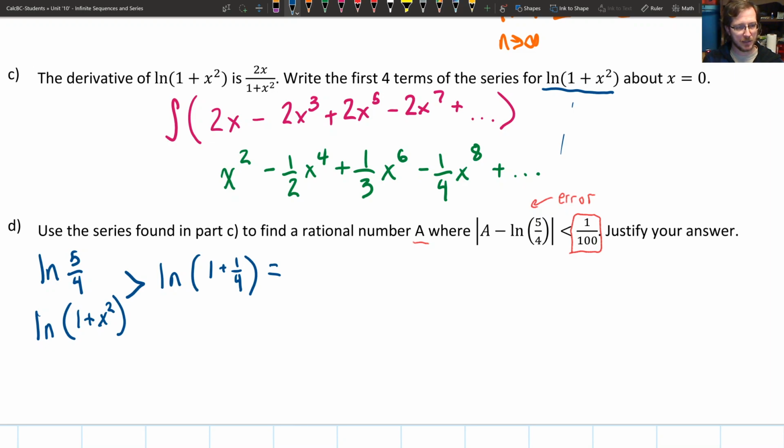And again, we want this to be squared so we can find out what that x value is. So we're going to rewrite that as natural log of 1 plus, square root of 4 is 2, square root of 1 is 1, so that's 1/2 squared. All those are the same thing. We just need to rewrite what we're asked to approximate in terms of this function so that we can pull out this x. So now we know that our x value is 1/2.